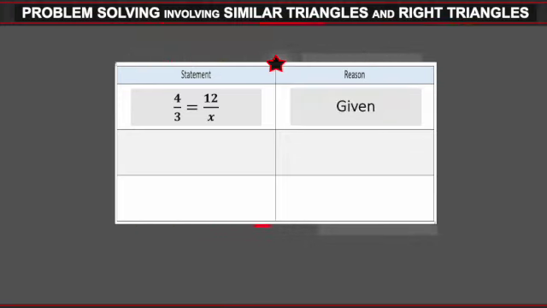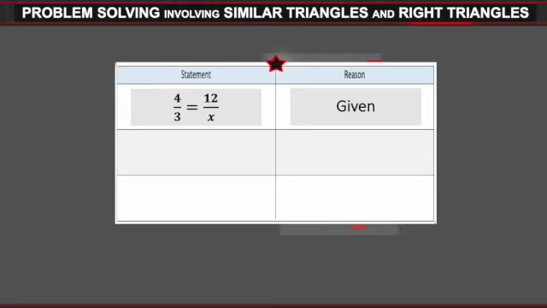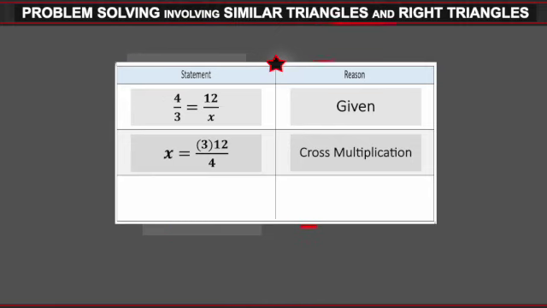Next, cross multiplication. We have 4 times x equals 3 times 12, divide both sides by 4. So we have 3 times 12 over 4. And the final answer is 9 meters, using the multiplication and division property. It's that simple. That's the measurement of the building.